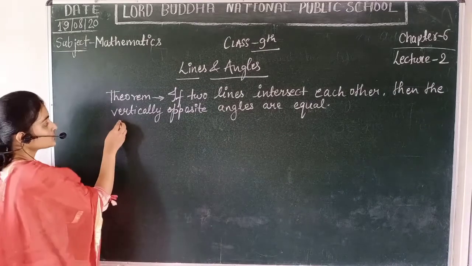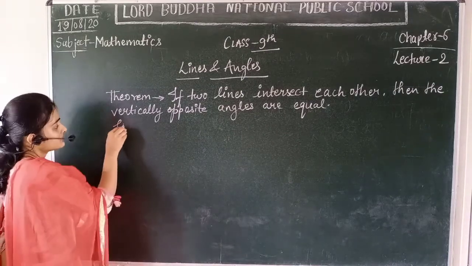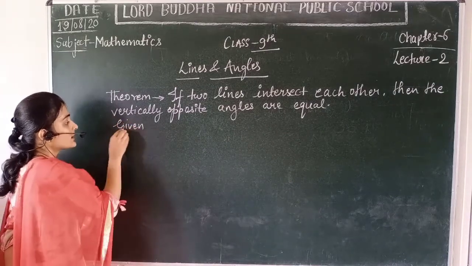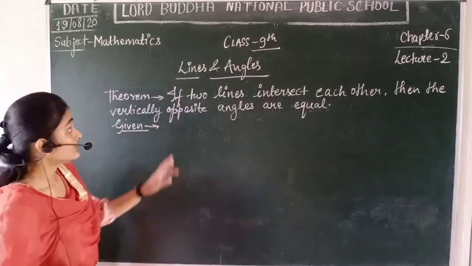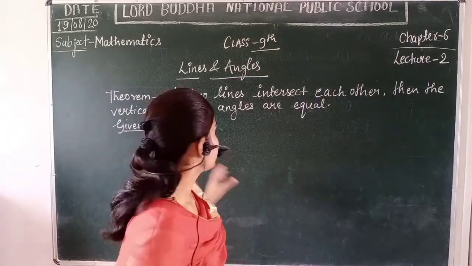So to do so, we have to take two lines and we'll write all the points which are given in this theorem as the points given.